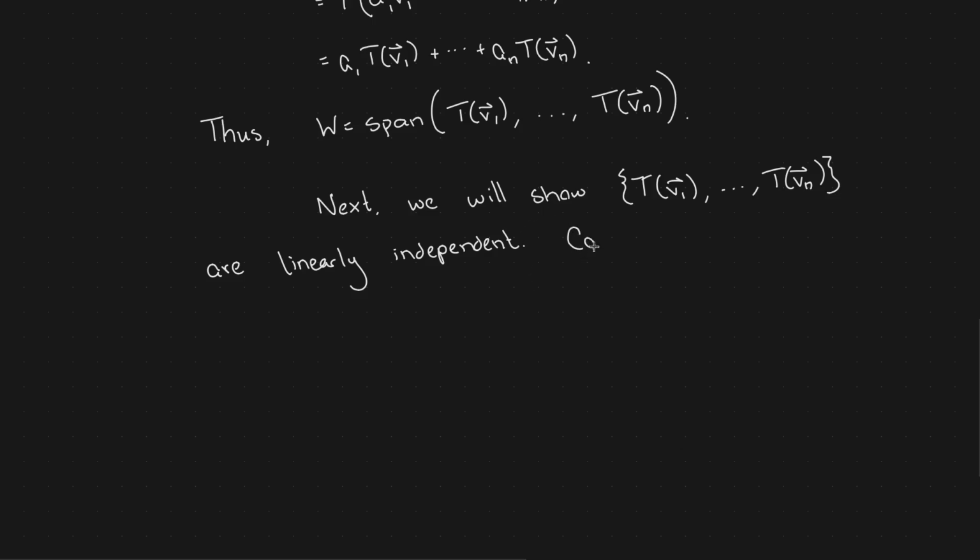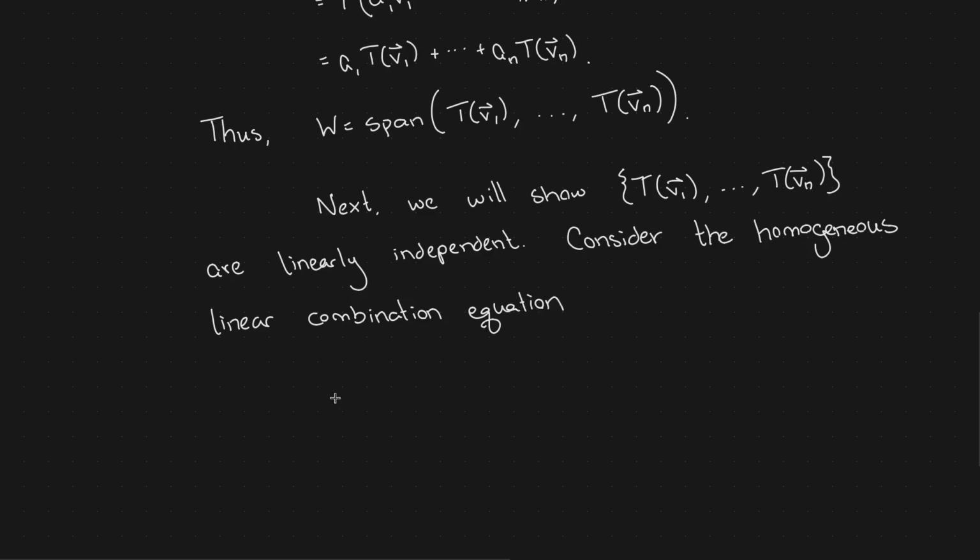So consider the homogeneous linear combination equation: b1 Tv1 plus ... plus bn Tvn equals the zero vector.